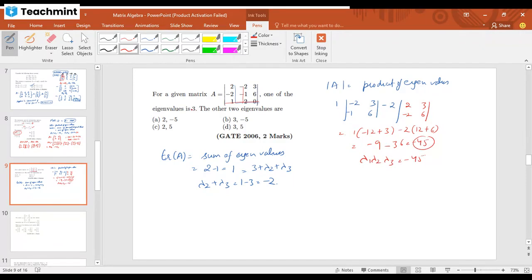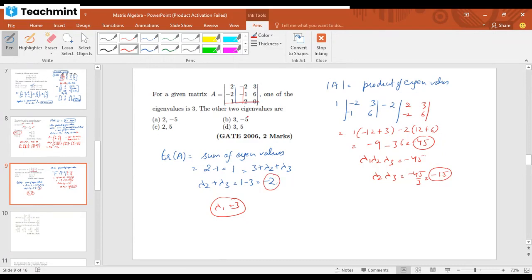But lambda 1 is already given as 3. So what is lambda 2 into lambda 3? It is minus 45 by 3, that is minus 15. So the product of the eigenvalues is minus 15 and the sum of the eigenvalues is minus 2.